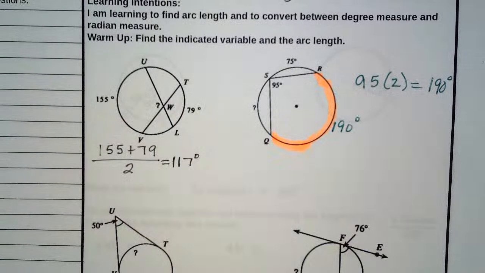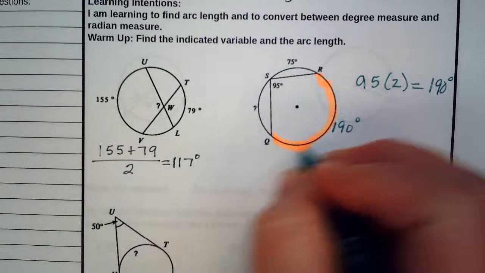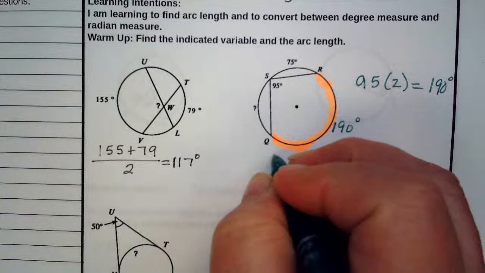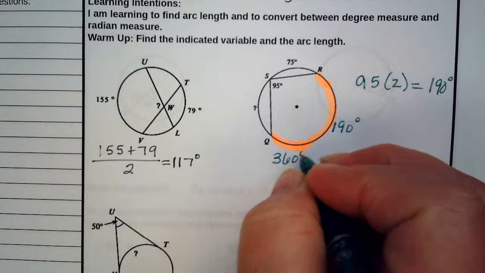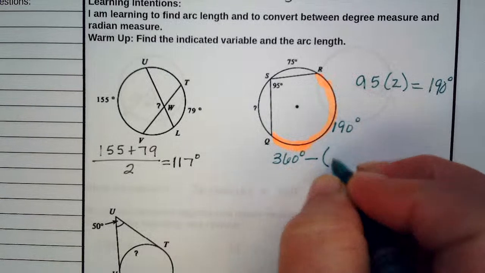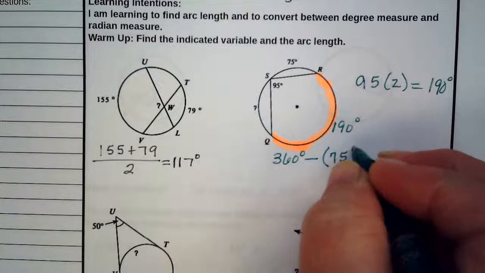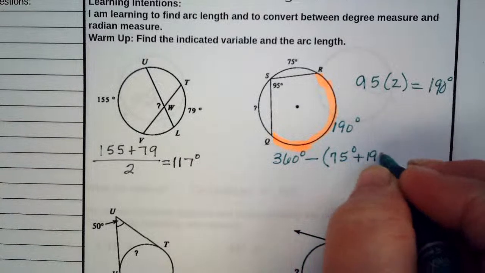But wait, we did not find the right arc yet. What other information do we know that we will use? Well, the whole circle is 360 degrees. So I will take 360 degrees minus 75 degrees plus 190 degrees.